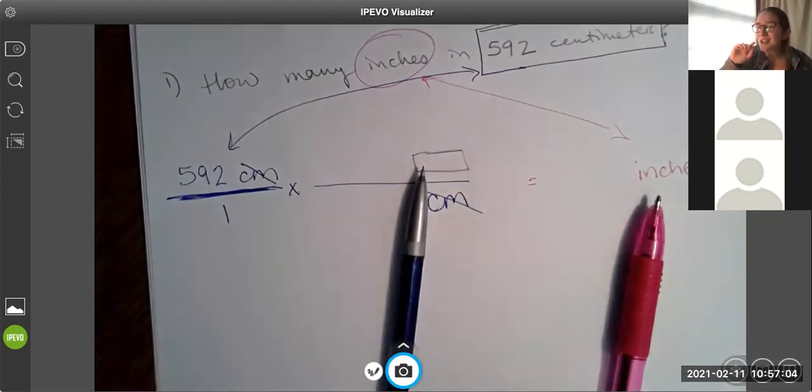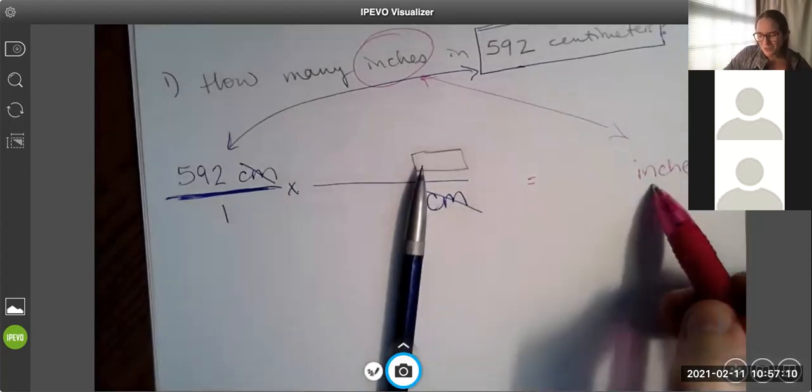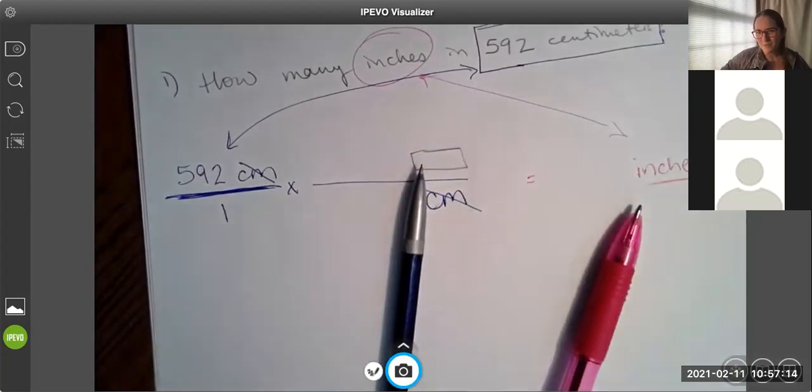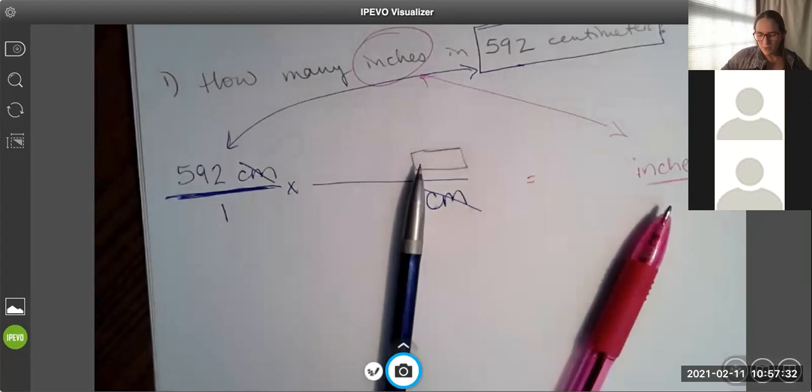All units just on the top will not cancel, and you will end with the units that you have. So if you want to end with inches, and you already said this correct answer a little bit ago, I just want to make sure that you totally know why and how it got there. If you want inches as your answer, then what is the unit that you want to write on top?